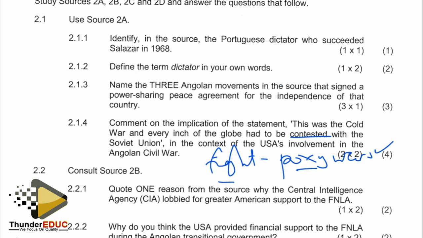Right, we move to source number 2B. Source 2B, quote 1 reason from the source why the Central Intelligence Agency, CIA, lobbied for greater American support to the FNLA. Right, why did they lobby for greater support? We find the response in source 2B. We go to source 2B.